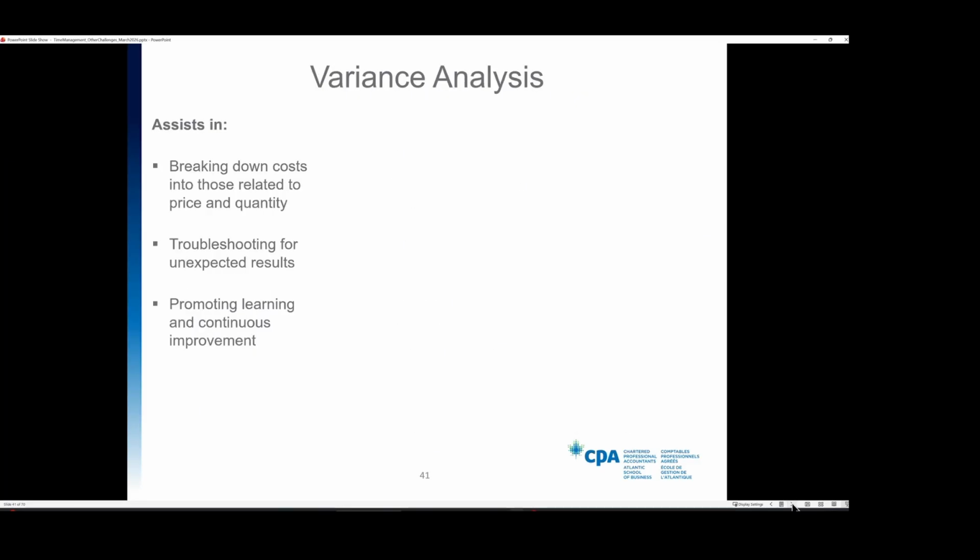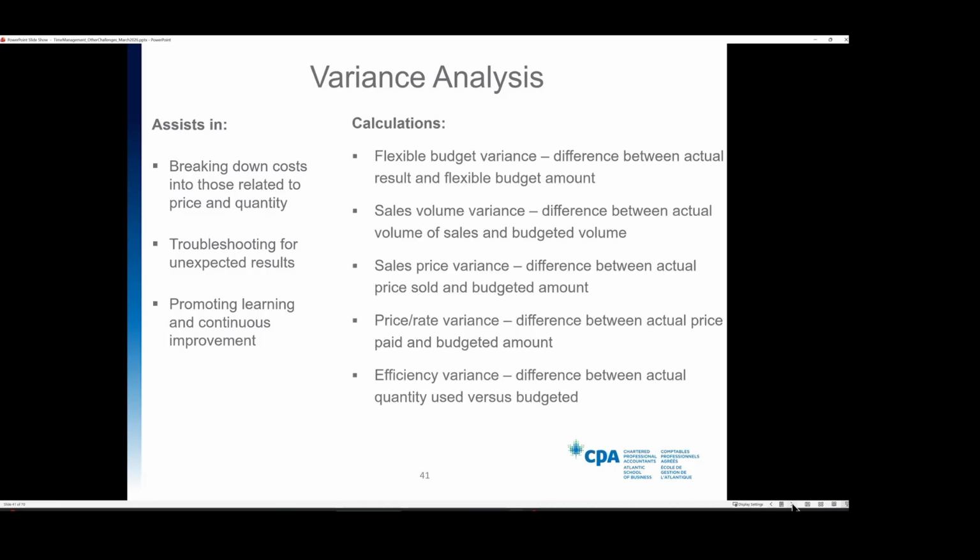Variance analysis, again, proficiency level A. That breaks down the costs that relate to price and quantity. It helps the company troubleshoot unexpected results and know what they need to investigate. It helps promote learning and continuous improvement. So there are several calculations that you should be very comfortable with.